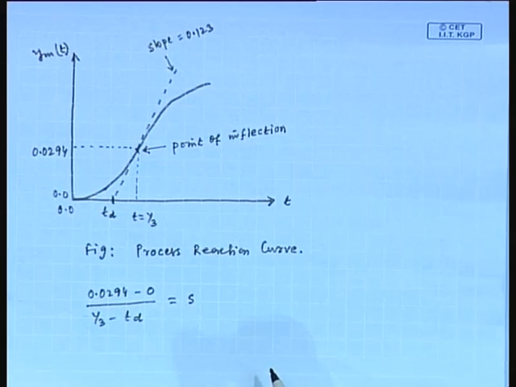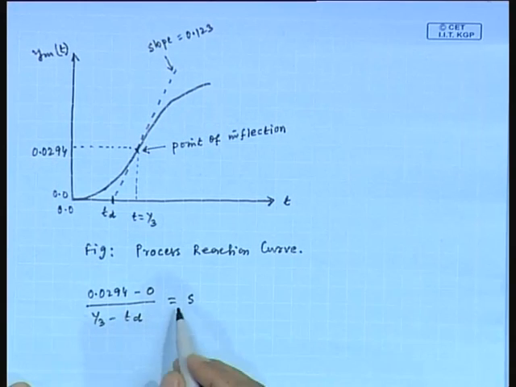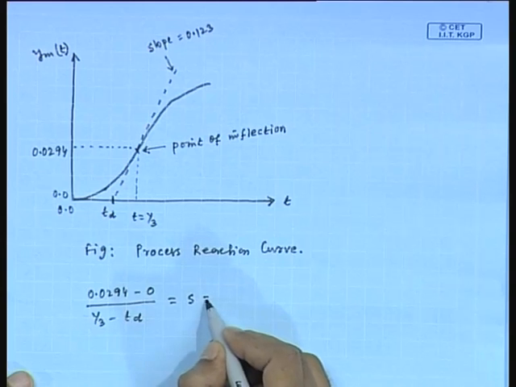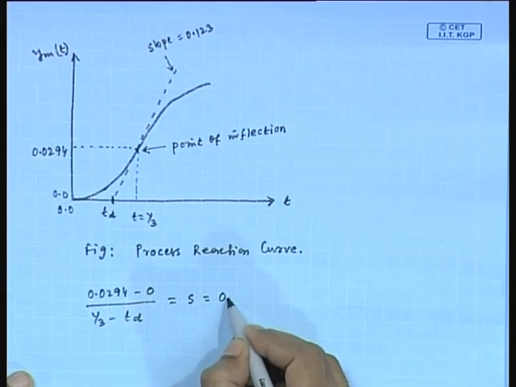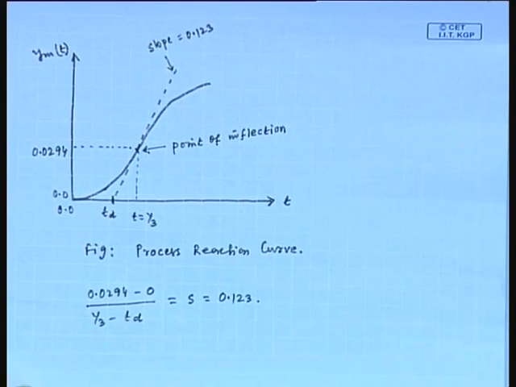It is obvious from this figure that this equals slope. The slope is how much? 0.123. From this correlation we can determine the value of dead time.